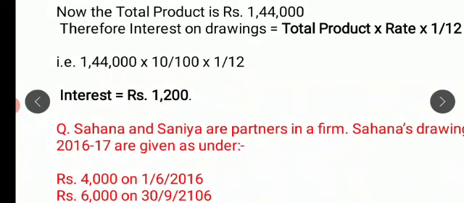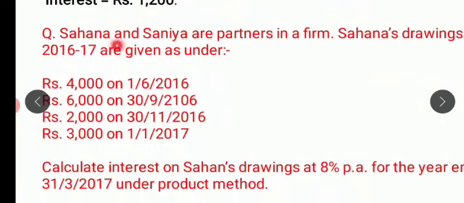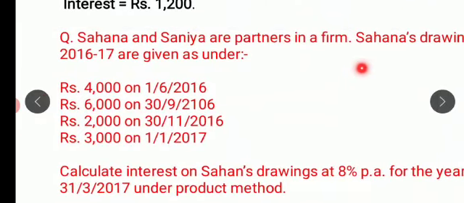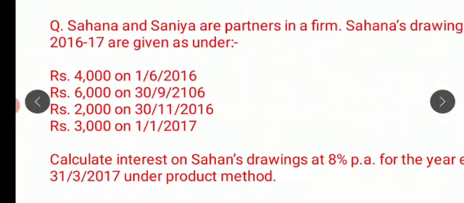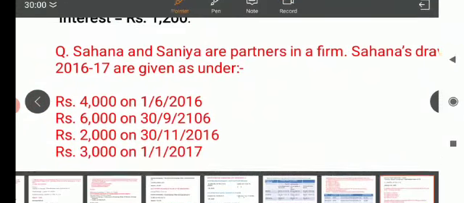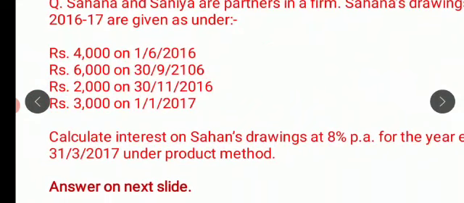Now you have one more problem. Sahana and Sanjay are partners in a firm. Sahana's drawings are given, the amounts are varying and the dates also are varying. So I have 4,000 on 1st June, 6,000 on September 30th, 2,000 on 30th November and 3,000 on 1st January.